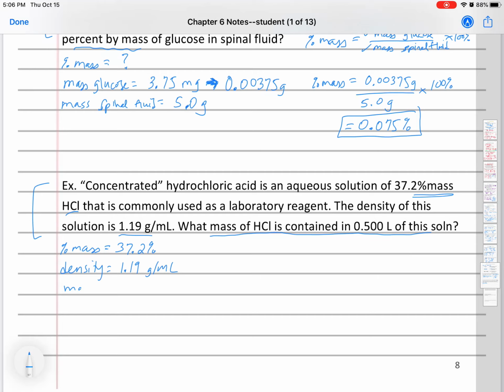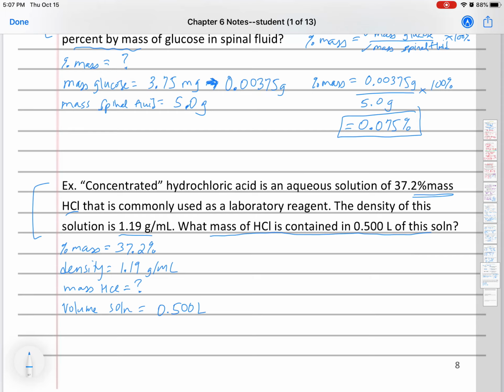And we want to know the mass of HCl. That's what it's asking us for. That's our question mark. And it gives us a volume of solution. So the volume of solution is 0.500 liters.